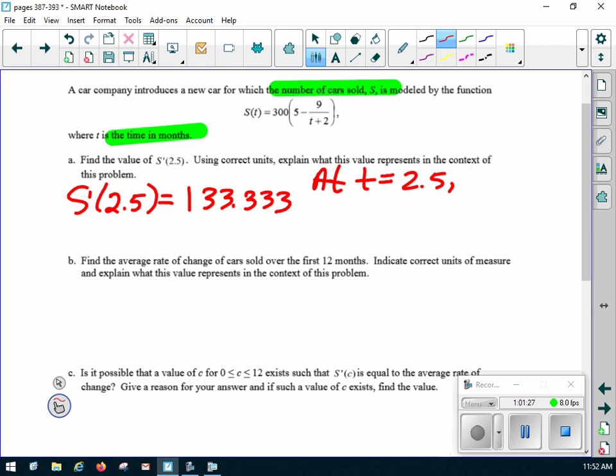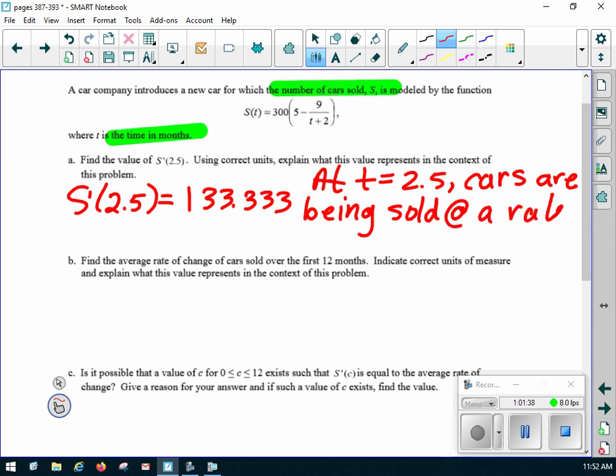I don't want to say it like this. Cars are being sold. That's better. Yeah, sorry about that. That's how I want to say it right there. At 2.5 months, cars are being sold at a rate of 133 cars a month.